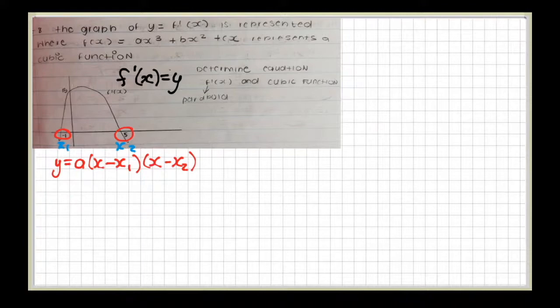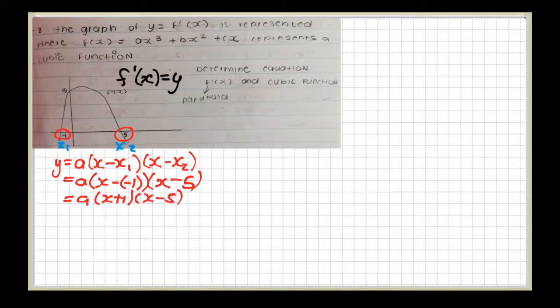So x minus negative 1, x minus 5. So in other words, what do we have? a(x plus 1)(x minus 5).